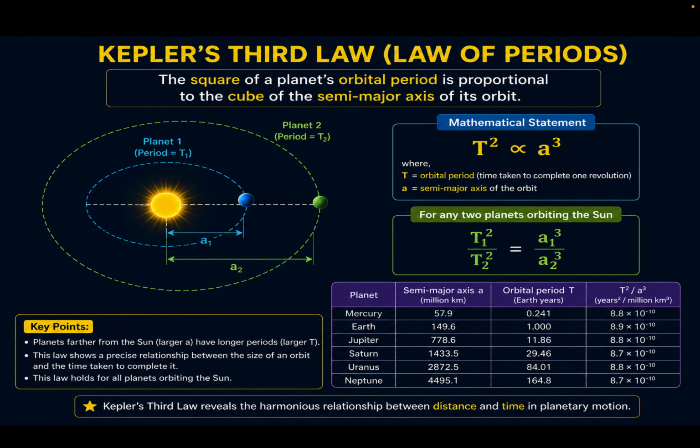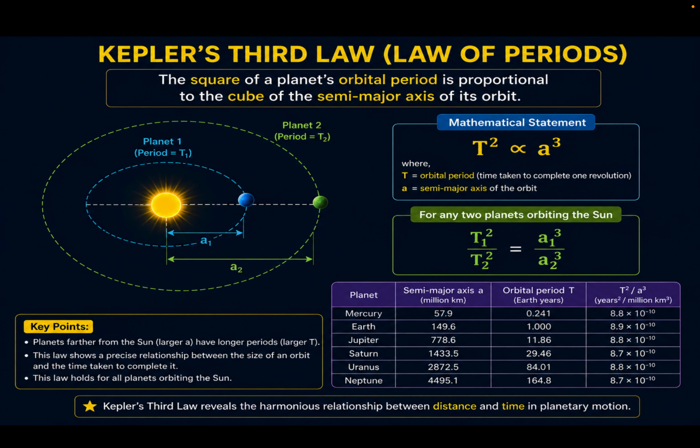So the third law states that the square of the planet's orbital period is proportional to the cube of the semi-major axis of the orbit. Time period is the time taken to complete one revolution, so T squared, and a is the semi-major axis.